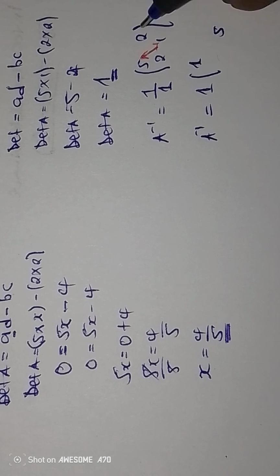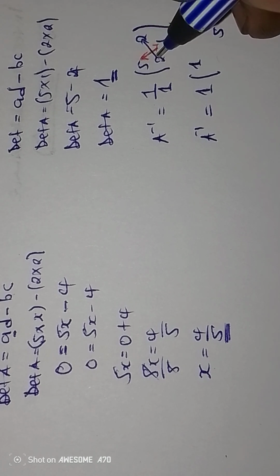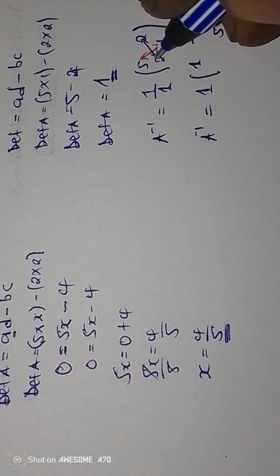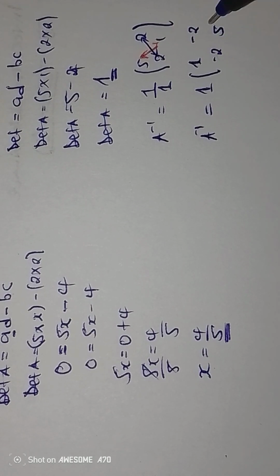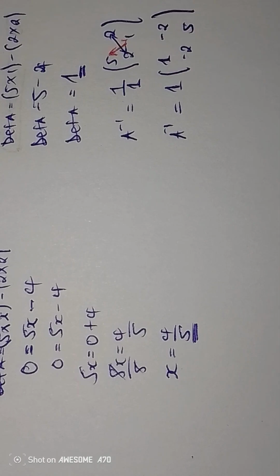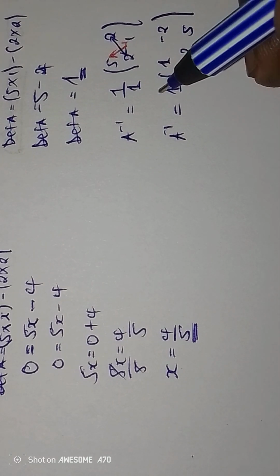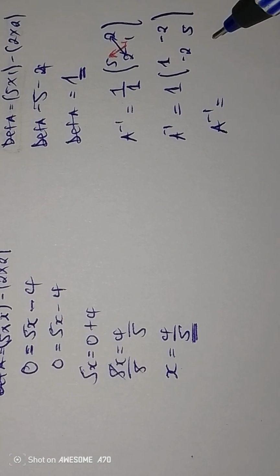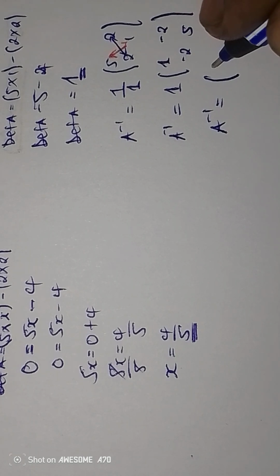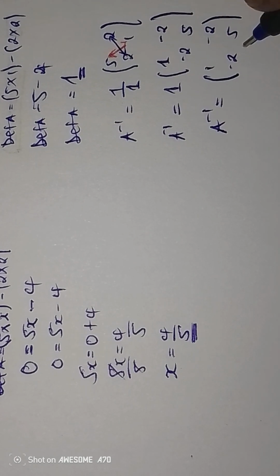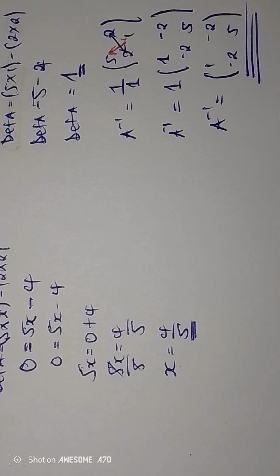But in the minor diagonal, you don't change the positions, they only change the signs. They had the positives, so here everything will carry a negative. Then after that you can multiply your scalar with everything inside. So the inverse of A is equal to 1, negative 2, negative 2, and 5. That is the A inverse.